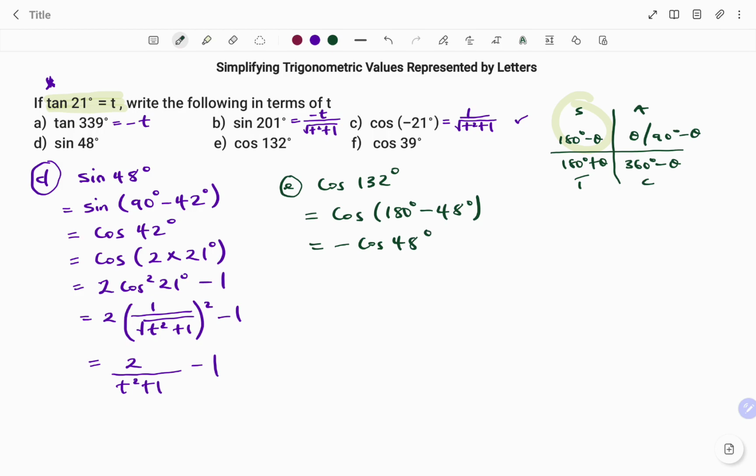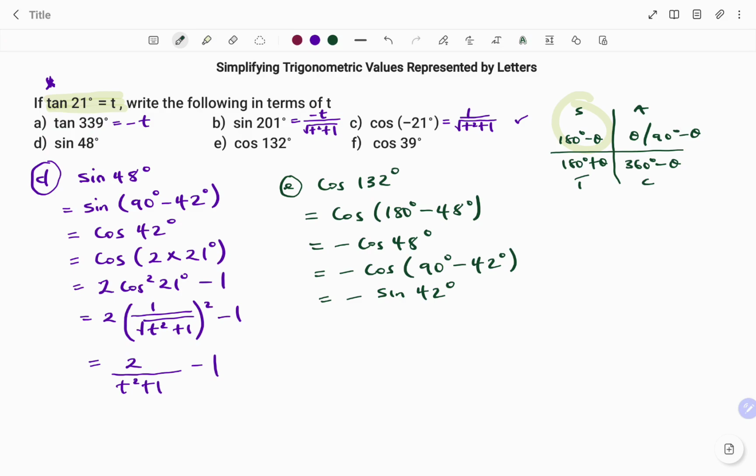So that's equal to minus cos 48 degrees. Now, like I mentioned earlier, our aim is to work towards 21 degrees. So I'm going to use my cofunction to change that to minus cos of 90 degrees minus 42 degrees, like I did for sine in the previous question. Using the cofunction, that's minus sine 42 degrees.